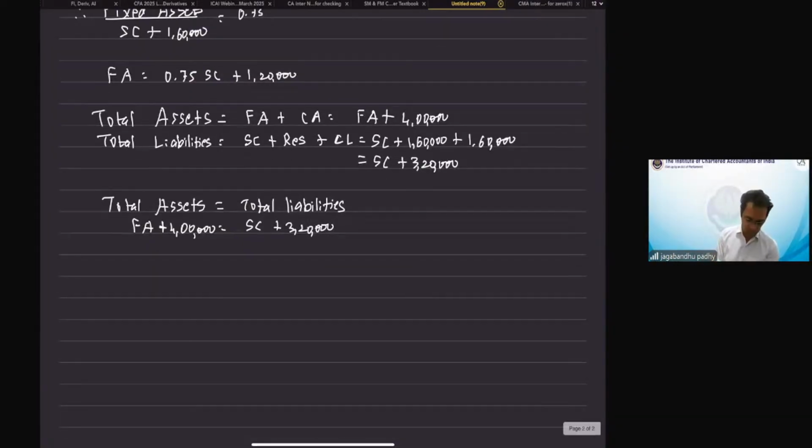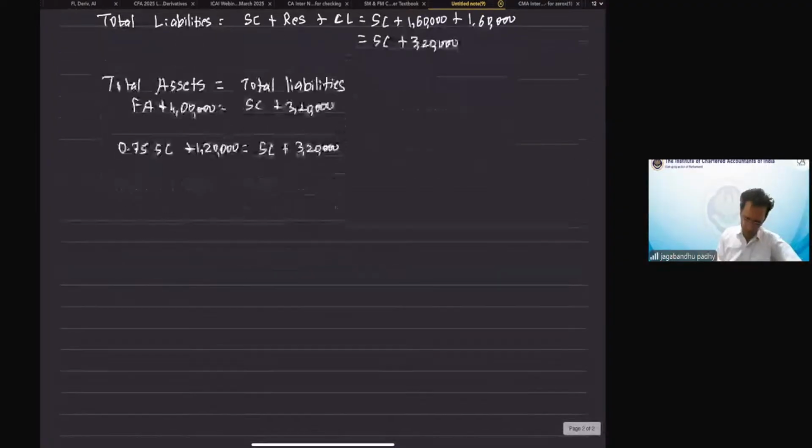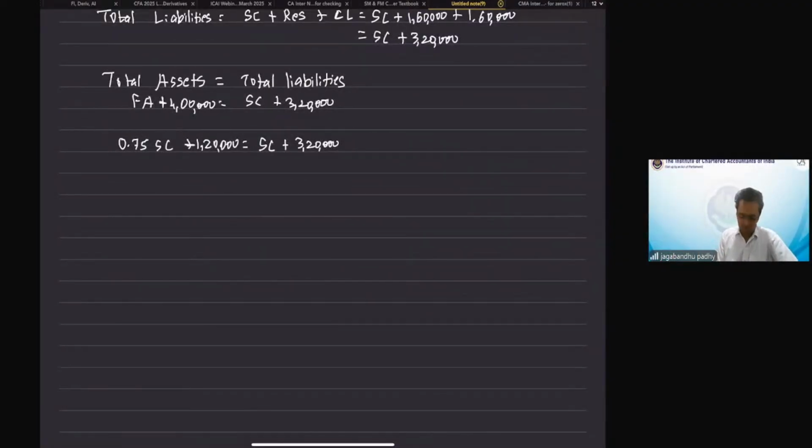So fixed asset is what we have stated as 0.75 share capital plus 1,20,000, equal to share capital plus 3,20,000. When you put all share capital terms on one side and the rest on the other side, we can have 1 lakh.